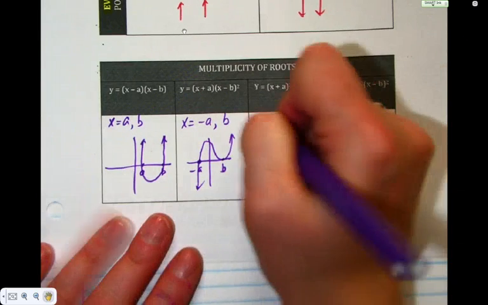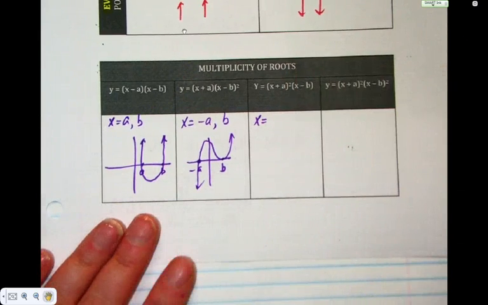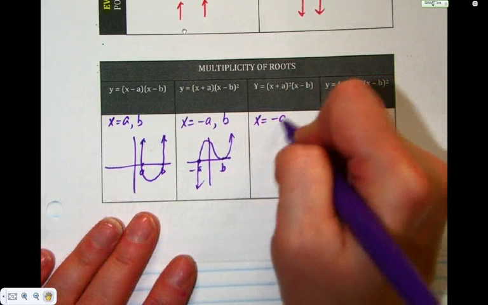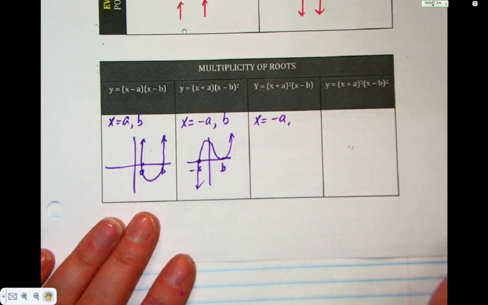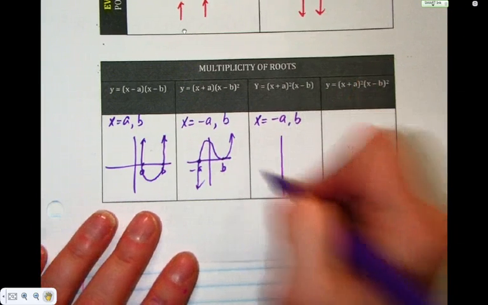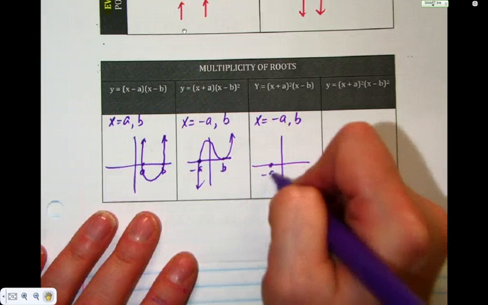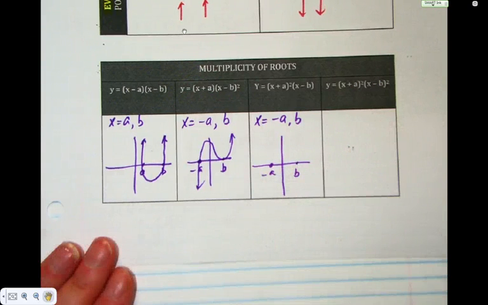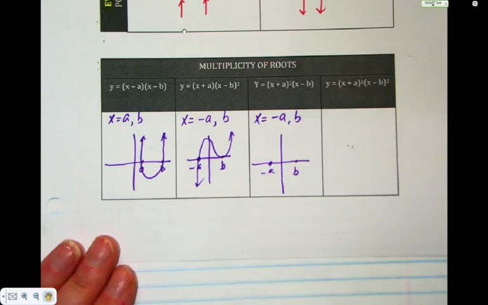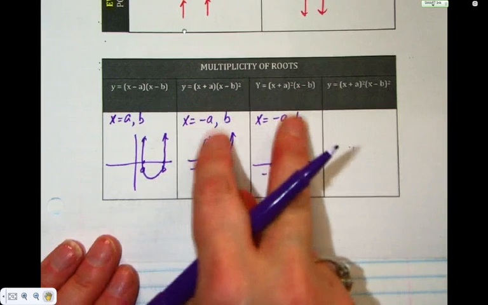Okay, third scenario, x equals. So exactly the same answers as before, and that just means one's on the left and one's on the right. What kind of polynomial? Still cubic, because it's the exact same equation as here.